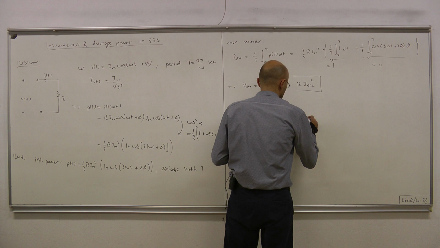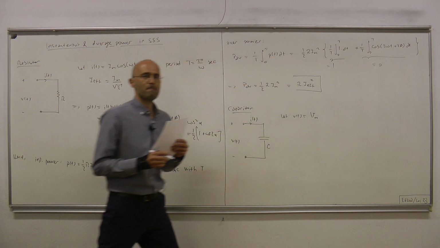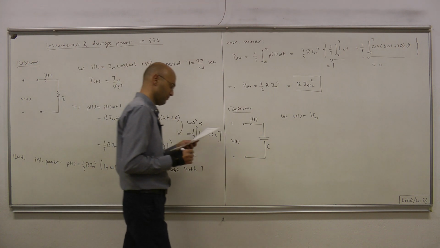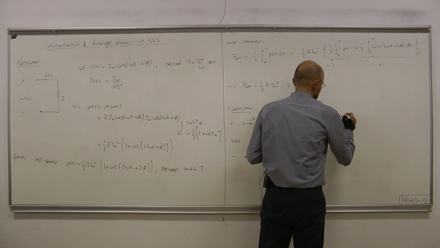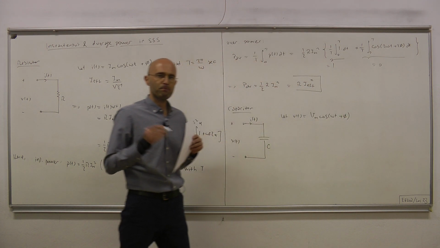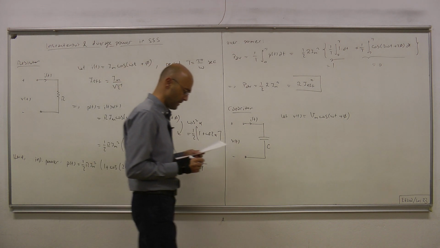Let V of t, the voltage of our capacitor, be this magnitude Vm times cosine omega t plus phi, omega being the frequency of oscillations in our circuit that's in sinusoidal steady state.